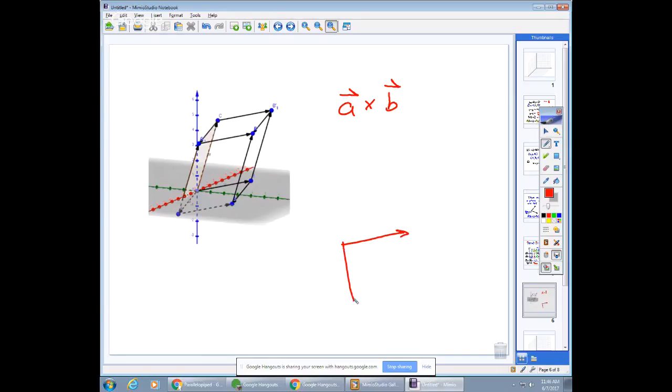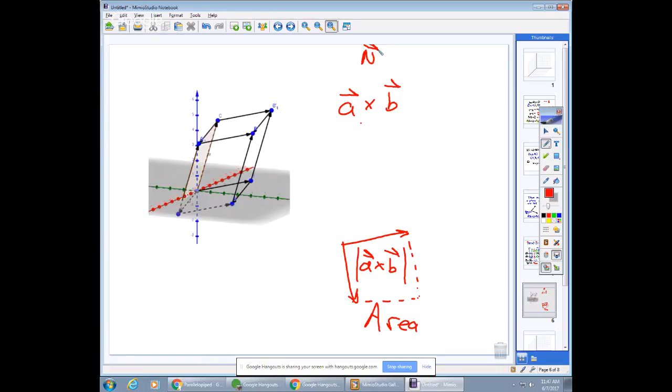If I do the cross product, the magnitude of that cross product is going to give me the area of this parallelogram. The cross product of a and b also gives me a normal vector to that plane right here. So the cross product without the magnitude is a normal vector to the plane. If I take the magnitude, I get the area, so I get two cool things out of it at once.